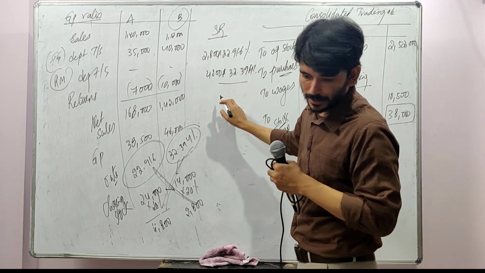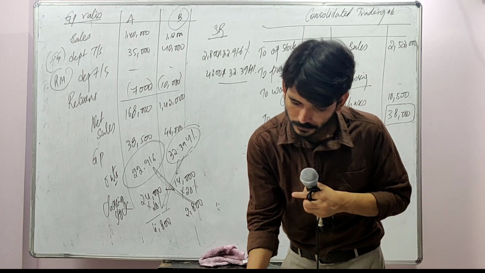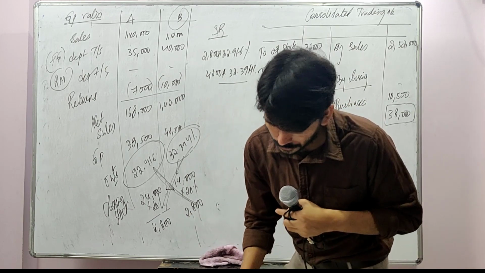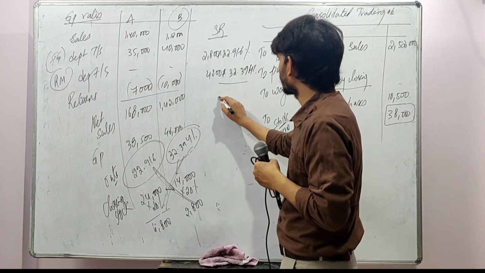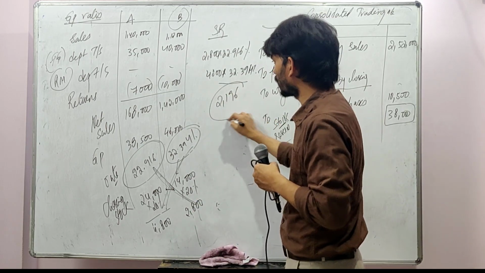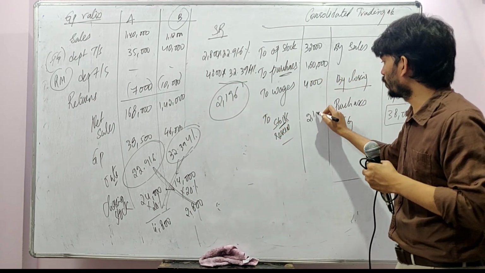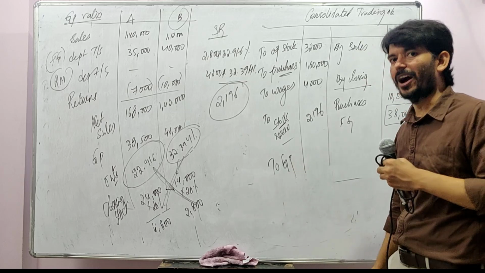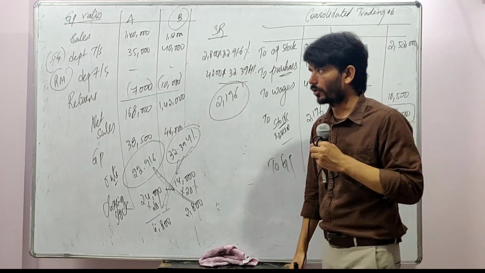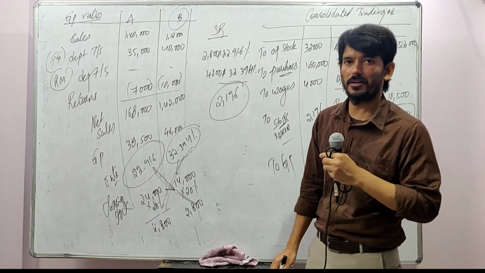You multiply and you will get this number as 2,196. That is there in your book also. This is the total stock reserve you are getting, that you will debit here, 2,196, and you will get the GP, gross profit, after eliminating your stock reserve. So this is how you can solve your trading account and consolidated trading account.